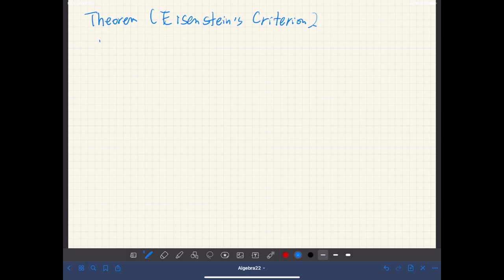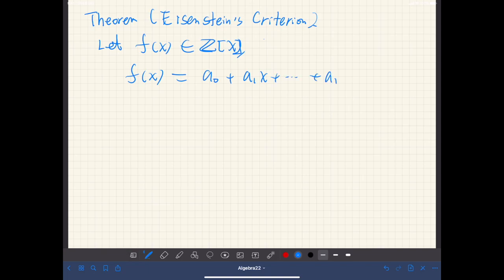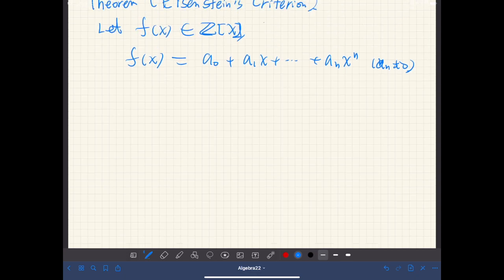Okay, so let f be a polynomial with integer coefficients. Let's say f of x is a0 plus a1 x plus and so on, an x to the power of n, and an is non-zero. So the degree of this polynomial is n.